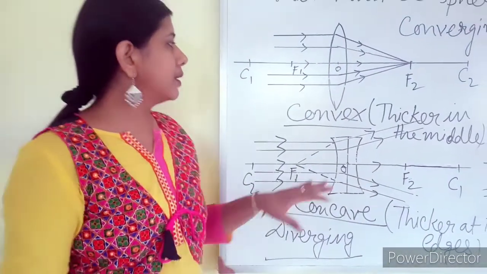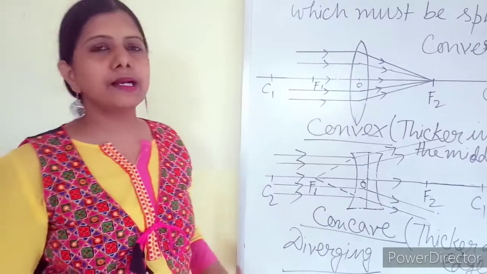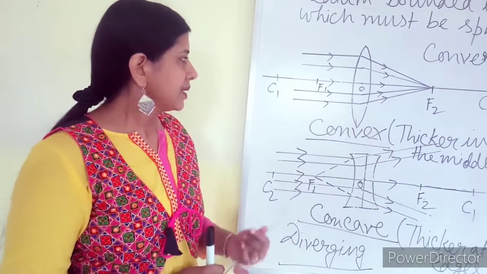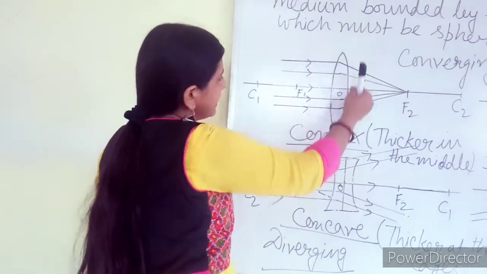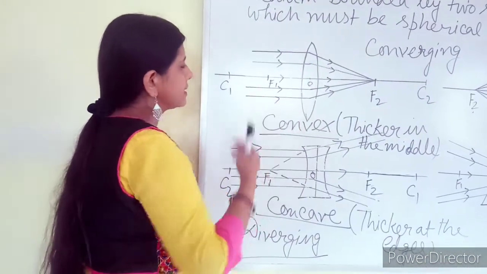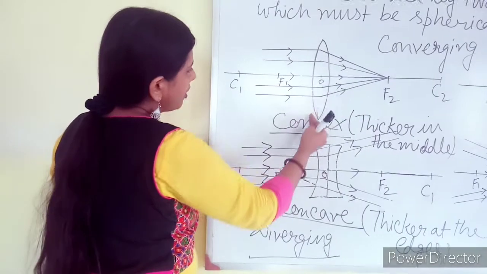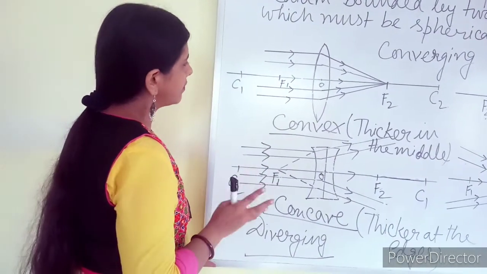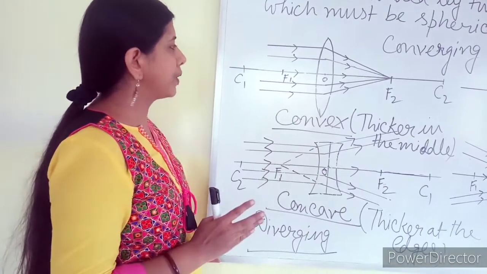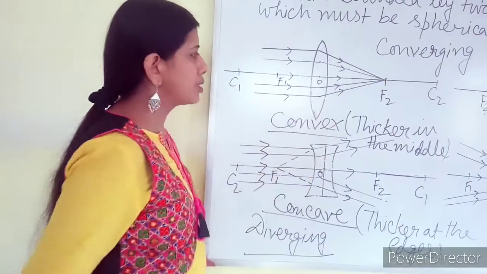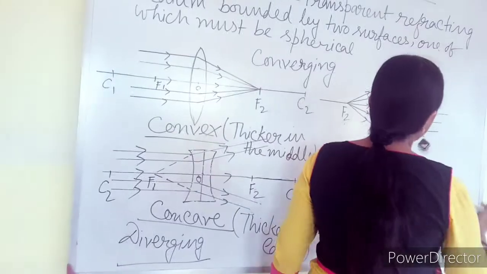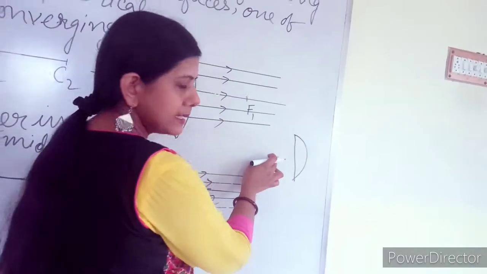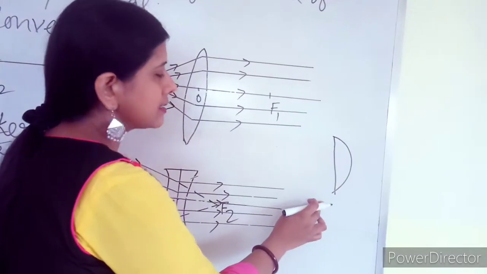Now as I told you, these can be classified into more categories. What are those categories? If one side is curved and another side is plane. This is the way of curving in a convex lens: the curving is such that it is bulging outside. Suppose I am drawing this one. Here one side is plane, another side is curved.